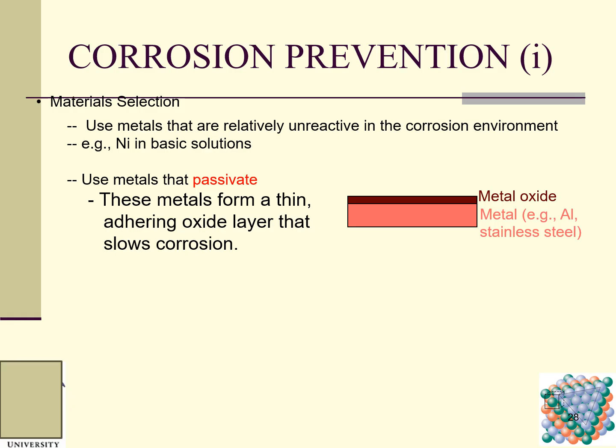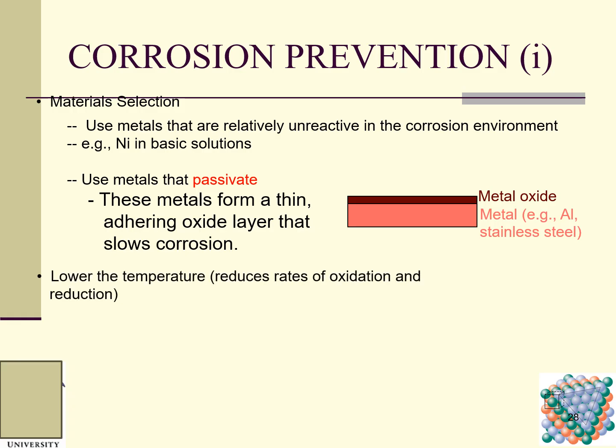These metals form a thin adhering oxide layer that slows corrosion. This adhering oxide layer prevents oxygen from entering the component and causing further corrosion. So this is a very, very important adhering oxide layer.